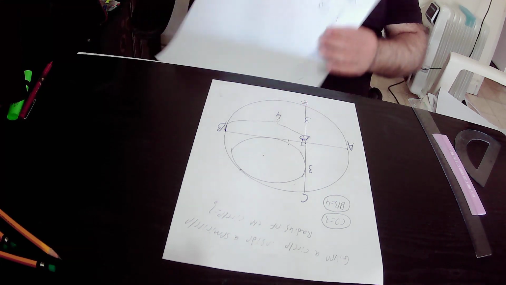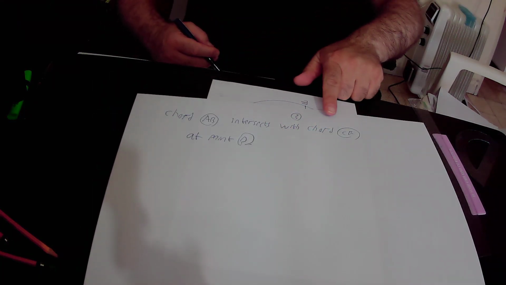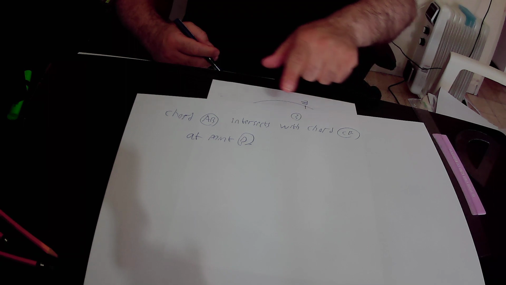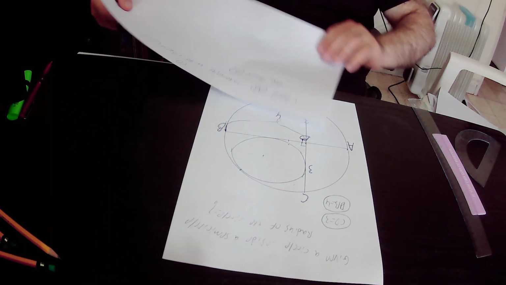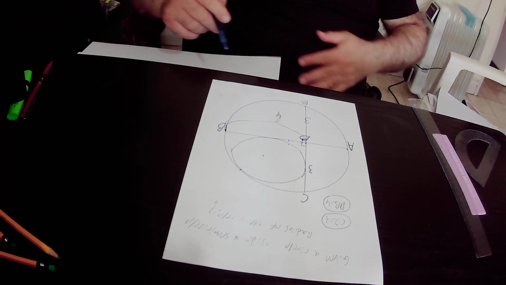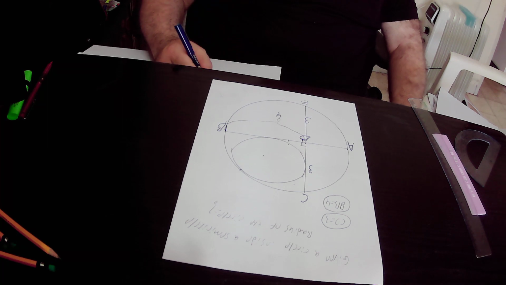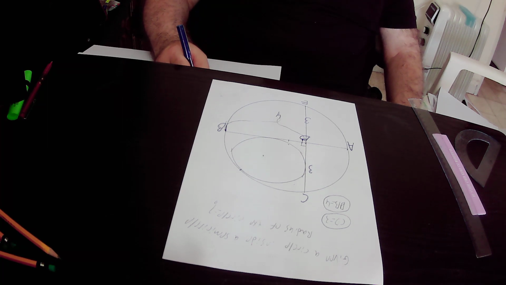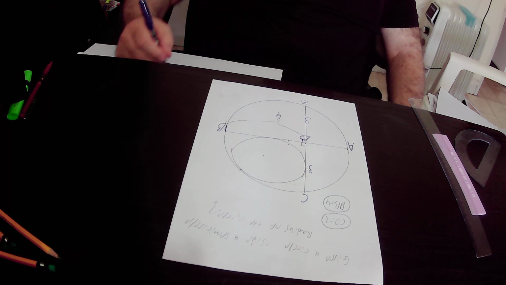Chord AB intersects with chord CE at point D. Therefore, according to rule number 1, AD times DB will be equal to CD times DE.